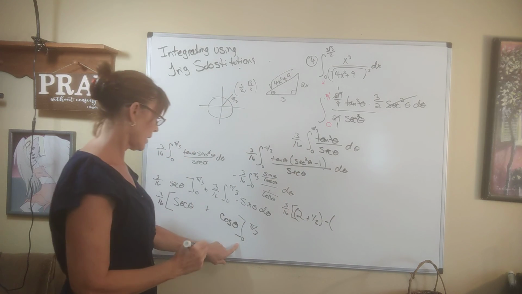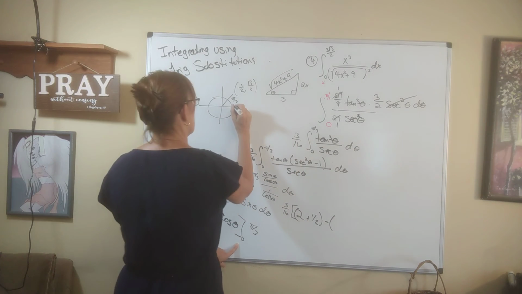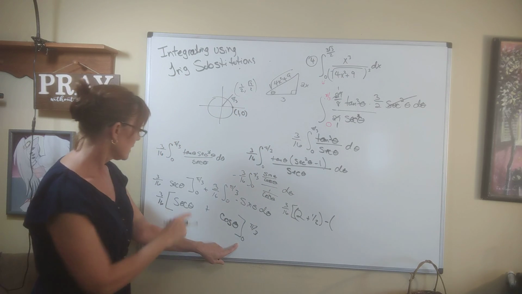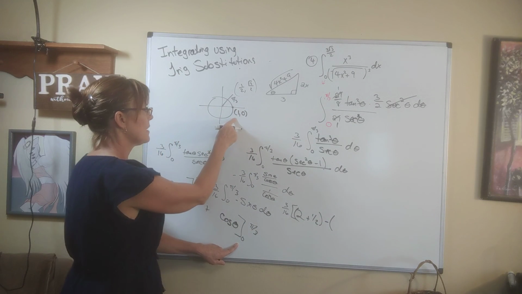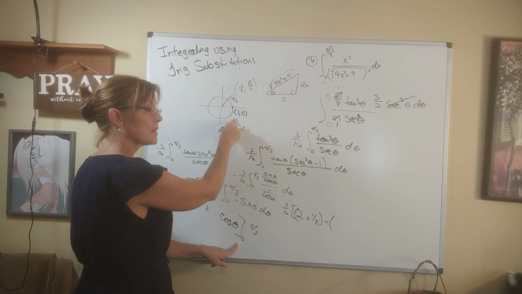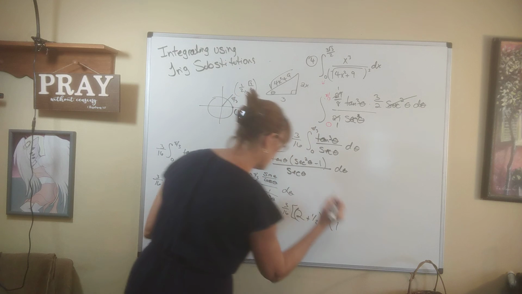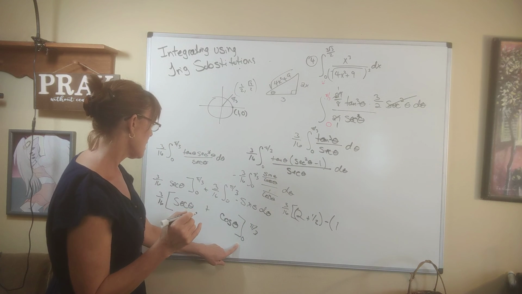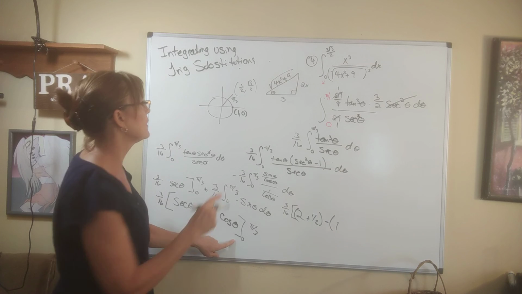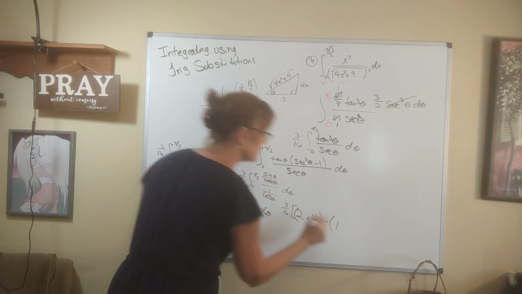Minus at 0. Here is the angle 0, 1, 0. The secant of 0 is 1 over the cosine. 1 over 1 is 1. Okay. And then the cosine of 0 is 1.